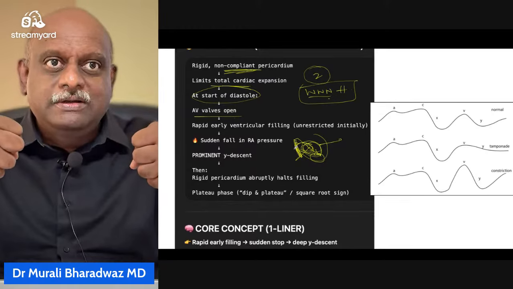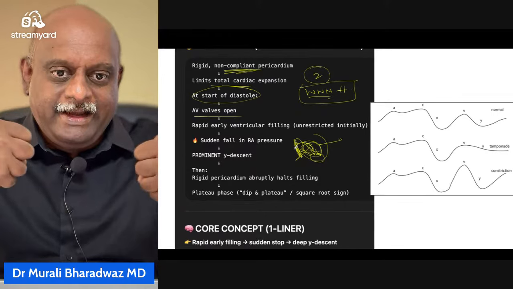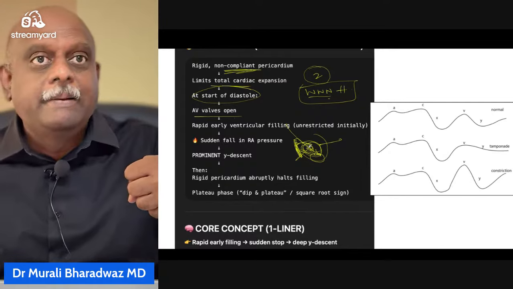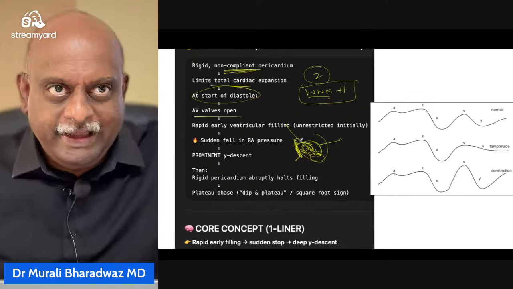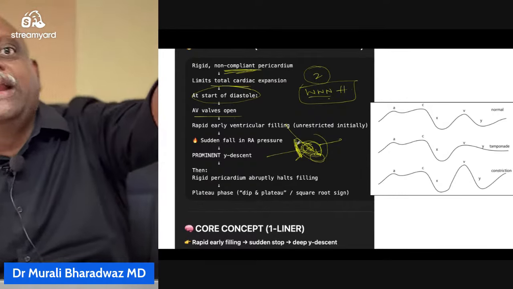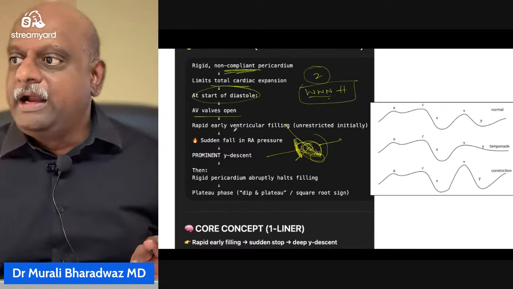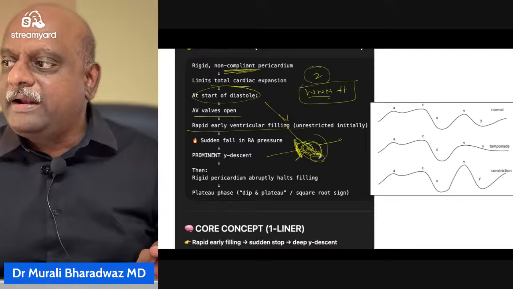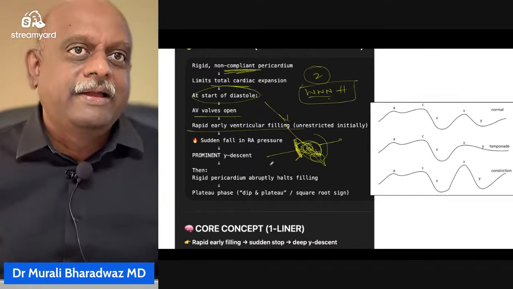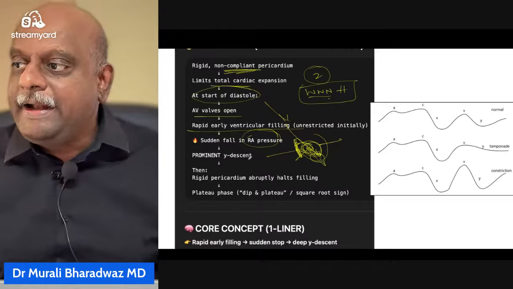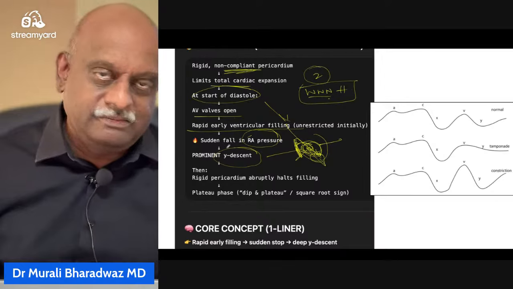What will that do? Because of filling from the great veins, pressure in the atrium is already high. On top of it, from outside, it is squeezing. The moment the AV valve opens, it will rapidly fill unrestricted into the ventricle, and there is a sudden fall in the RA pressure that leads to a prominent Y descent.